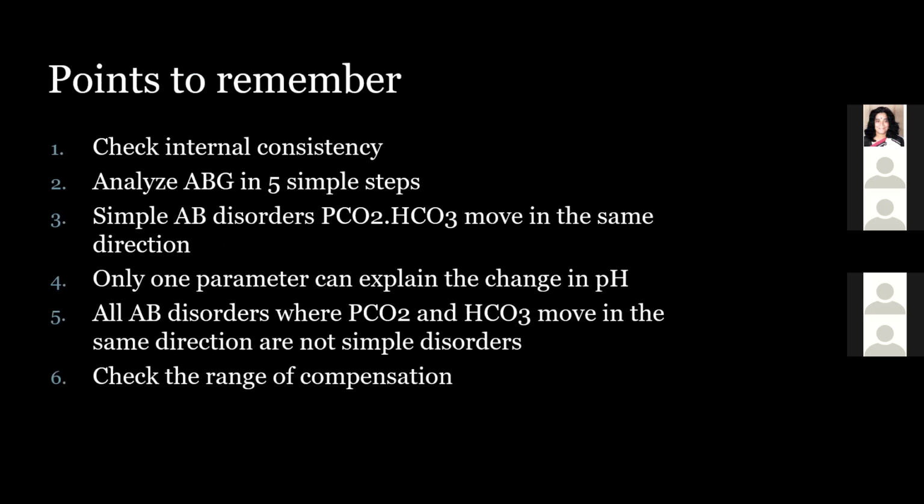Analyze ABG in 5 simple steps. Simple acid-base disorders have PCO2 and bicarb which move in the same direction, and only one parameter can explain the change in pH. All acid-base disorders where PCO2 and bicarb move in the same direction are not simple disorders. Check the range of compensation. If it's excessive, there's a second disorder.